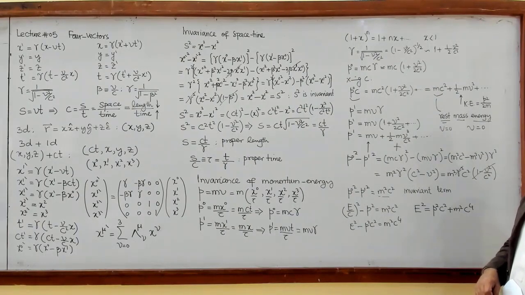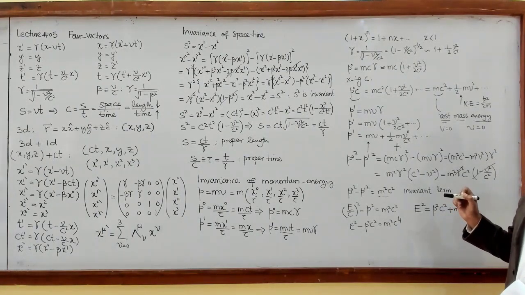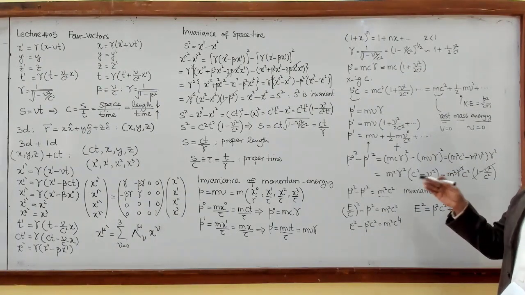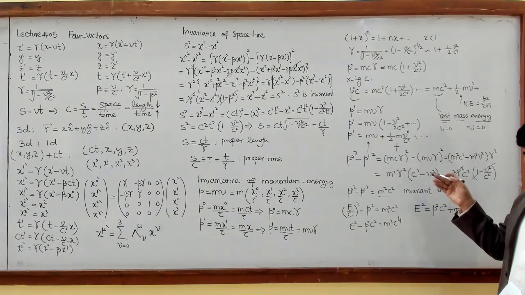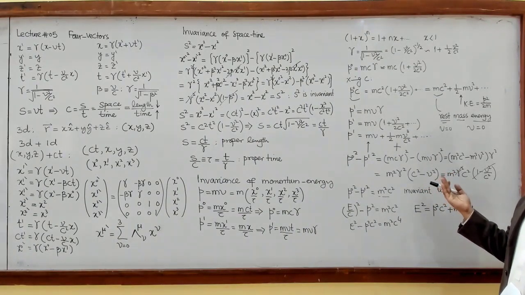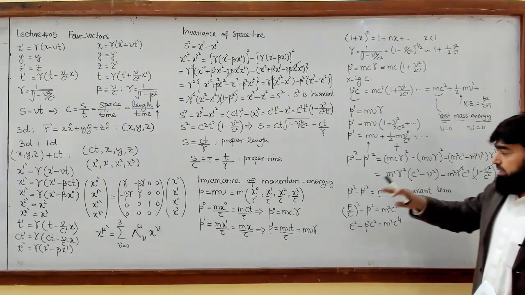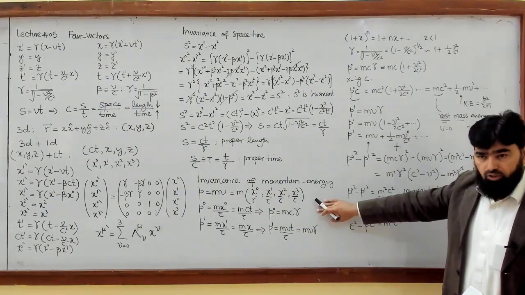products, the different relations in the four-dimensional vector or four vector, like the dot product between two vectors. We know the dot product A dot B is equal to the inner components AX, BX plus AY, BY and AZ, BZ. What will be the dot product under four vectors?